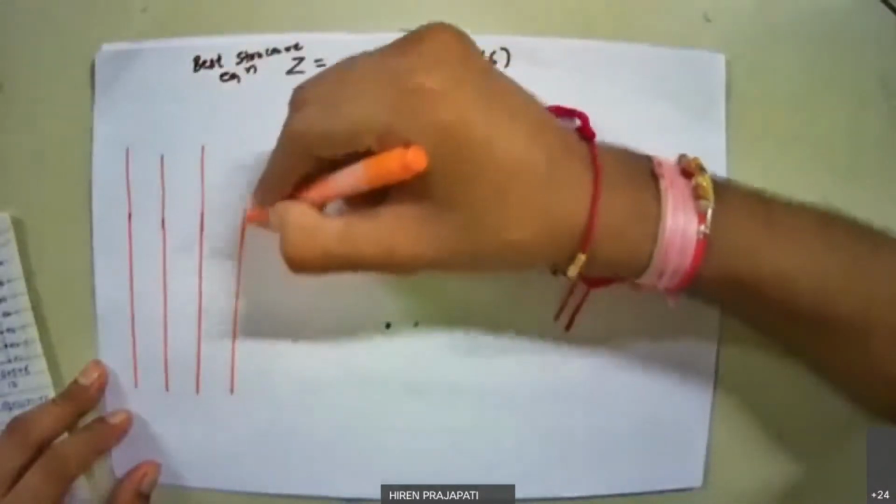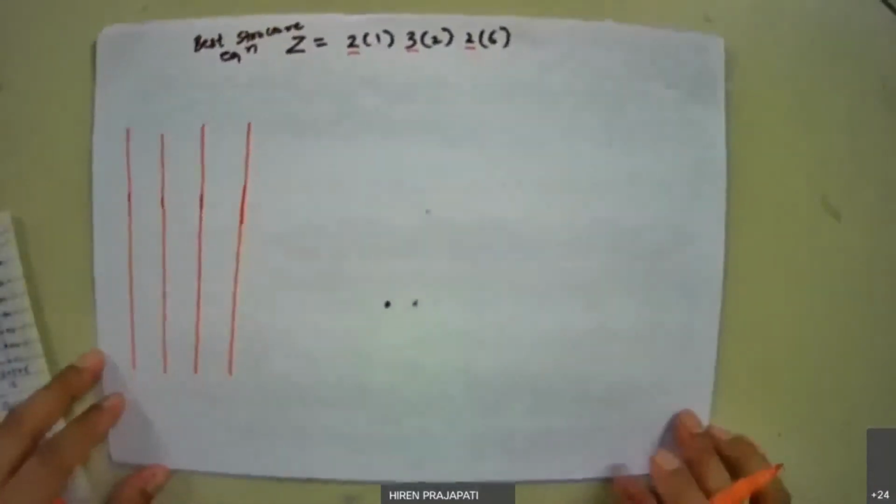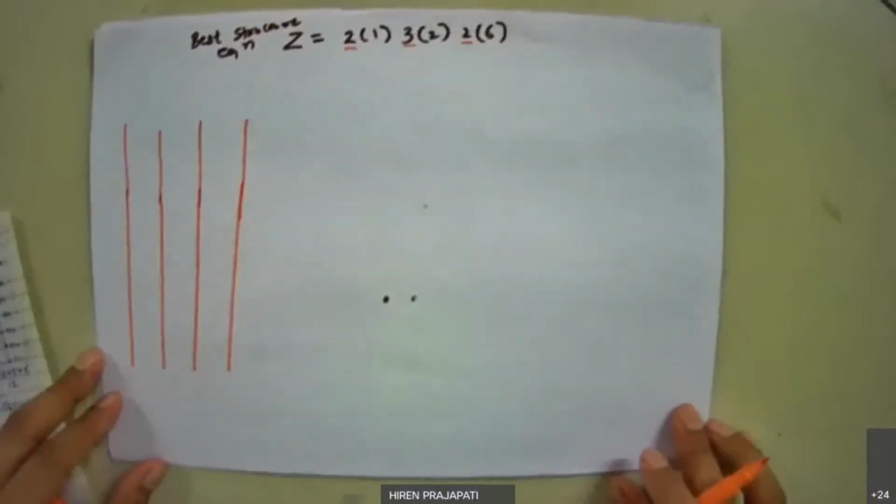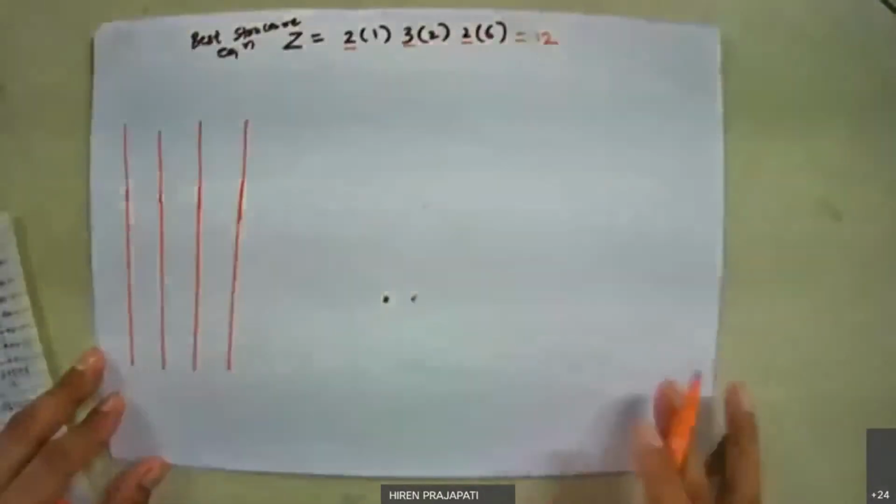Let me extend it further because we need to draw horizontal lines as well. Now how many horizontal lines do we need to draw? Yeah, we need 12 horizontal lines because this gearbox is for 12 speeds.